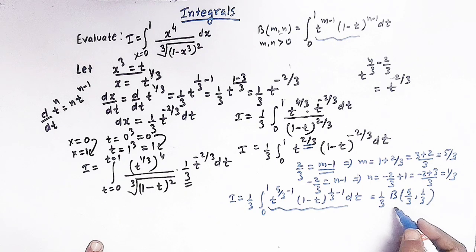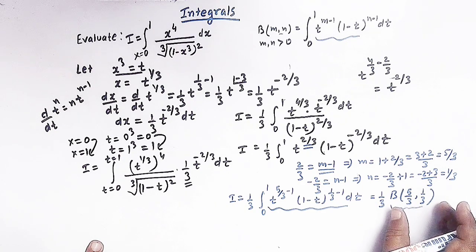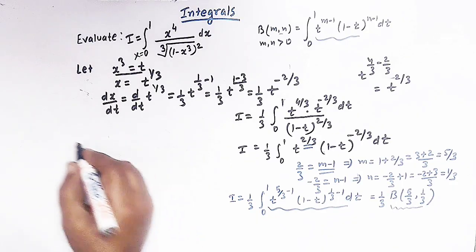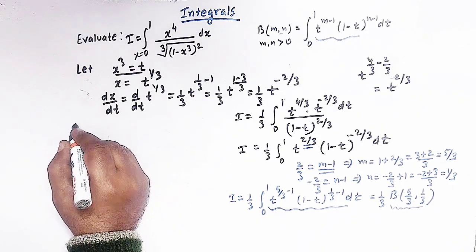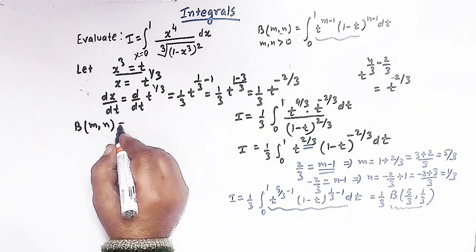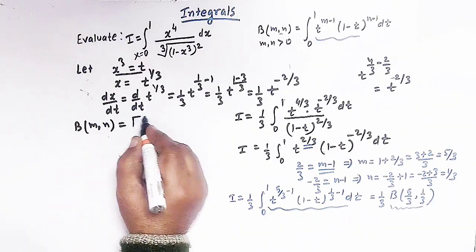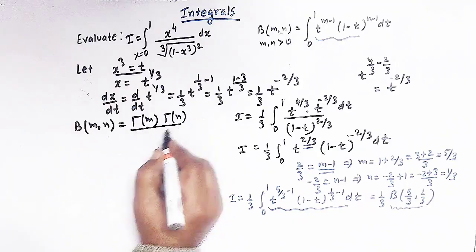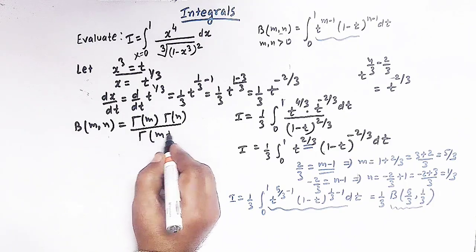So now we have to calculate the value of this beta function by using the relationship between beta function and gamma function. So now the beta function and gamma function are related by this expression, that is gamma m times gamma n divided by gamma m plus n.